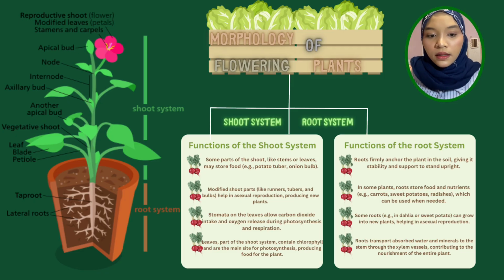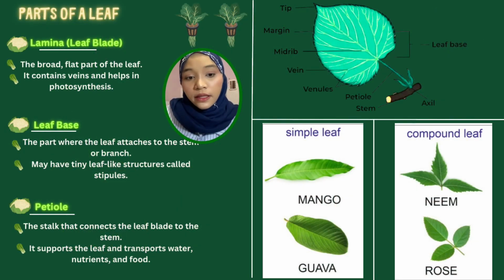Okay, secondly, the shoot system. The aerial part of the plant consists of stem, branches, leaves, buds, flowers, and fruits, containing parts of a leaf.